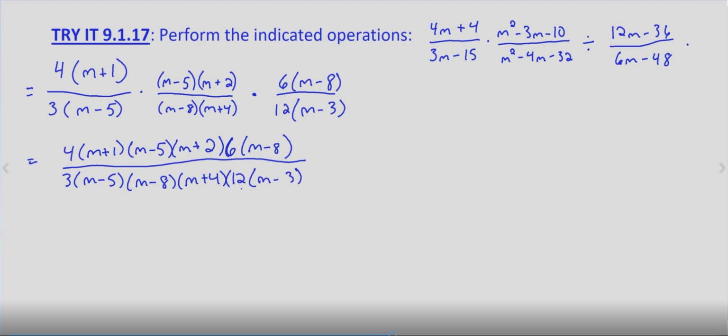And technically, we should put the 12 and the 6 in parentheses as well. And now we just cancel common factors in the numerator and denominator.